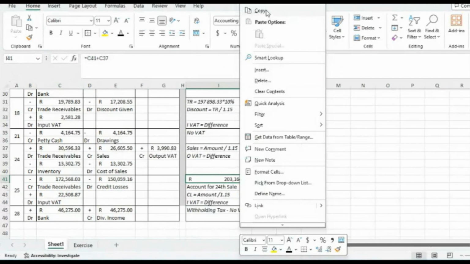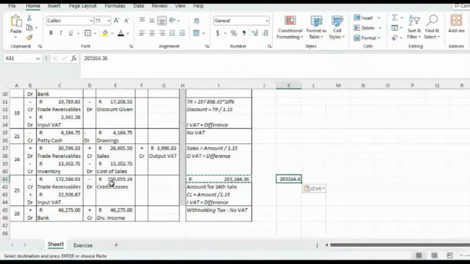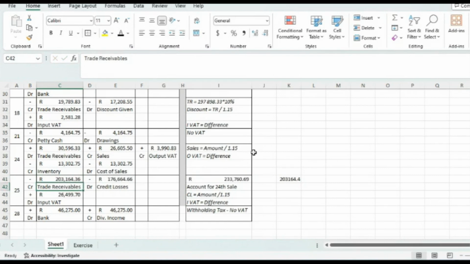I'm just going to copy this amount and paste as, so that then here when I say it is 203,164.36, then everything should come through. And then I can delete this amount.